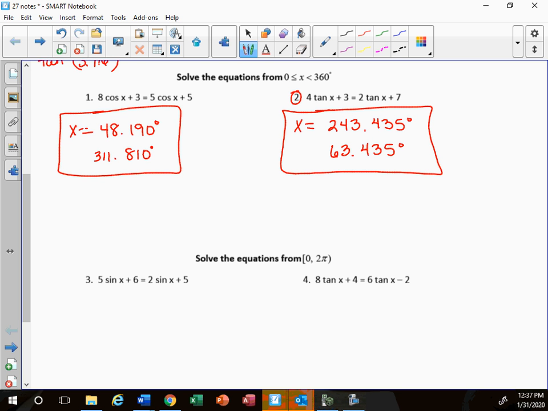Okay, so number two. Change it down from 0 to 360. You see there on the second trace. Arrow up, there you go.